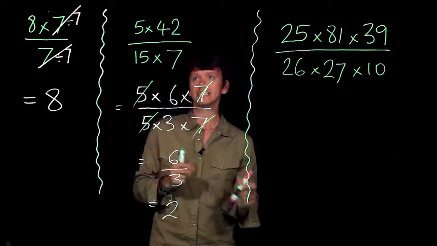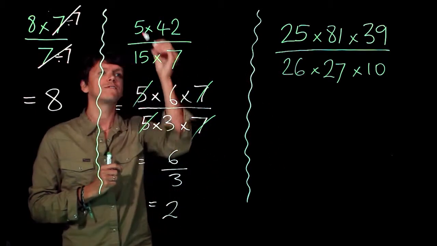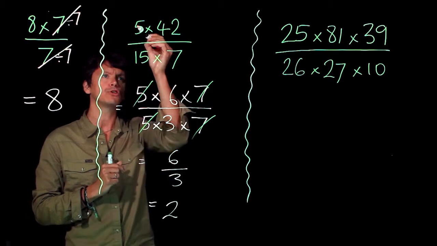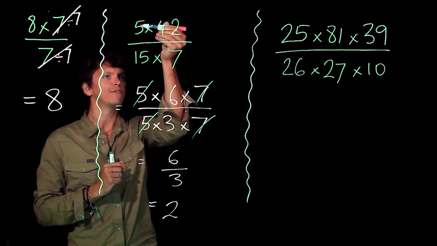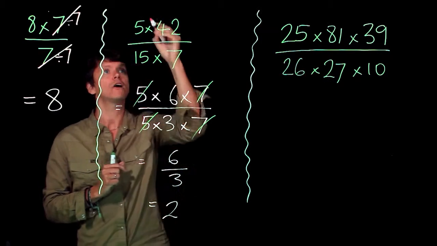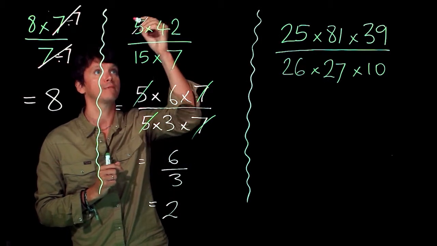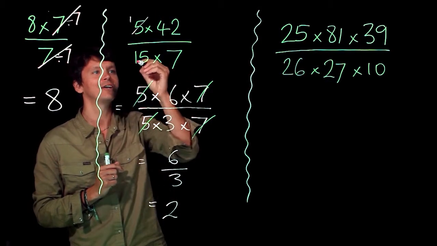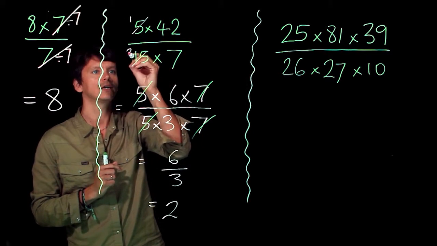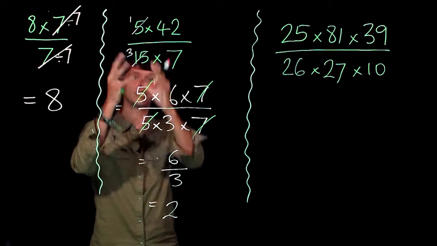To make it even easier, you could have said that 5 over 15, well, you could divide the 5 and the 15 through by 5. 5 divided by 5 is 1, 15 divided by 5 is 3. So you could have done it in that way.